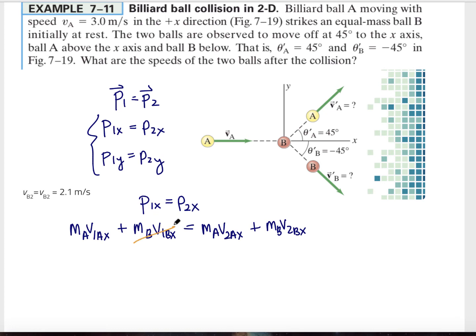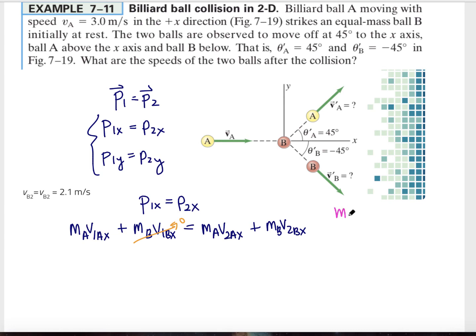So this is 0, and we can actually see that in this case we have a little bit of an issue because we end up with two unknowns. So let's actually go a little bit further. So I'm going to go ahead and substitute some known values. So mass A we don't know, but we do know that it has the same mass as mass B. So over here I'm going to write a little statement.